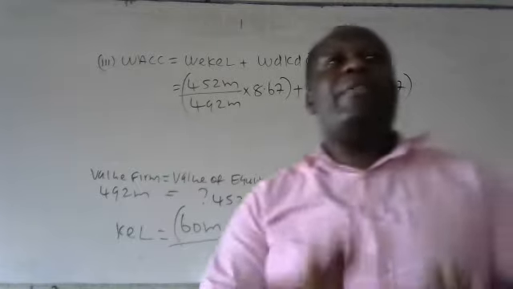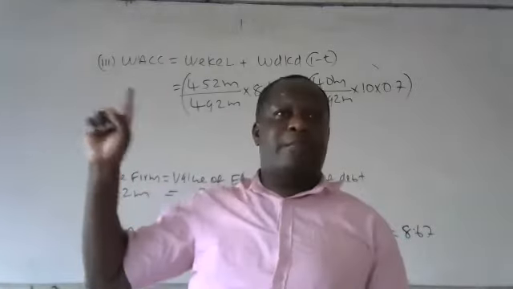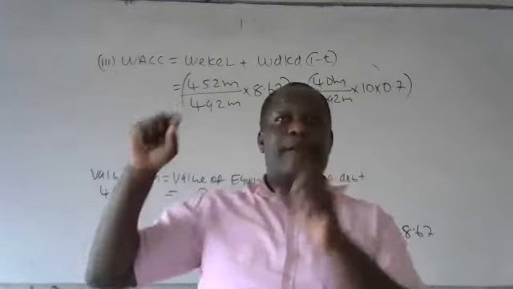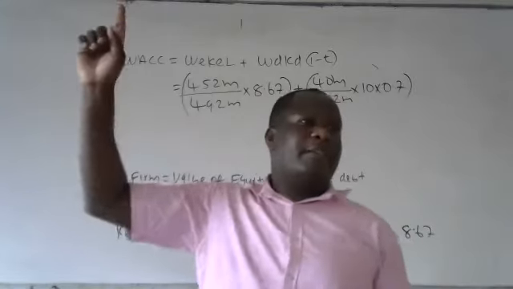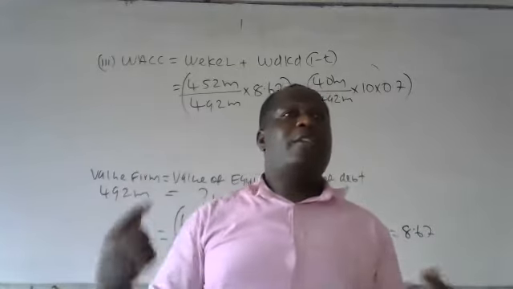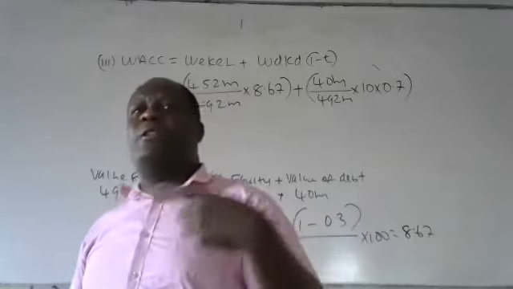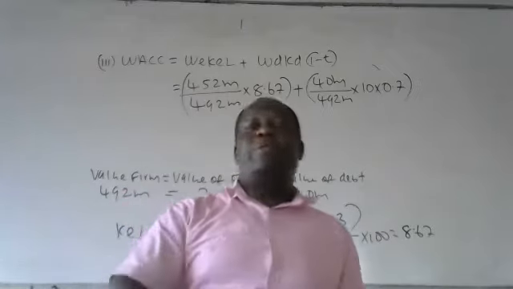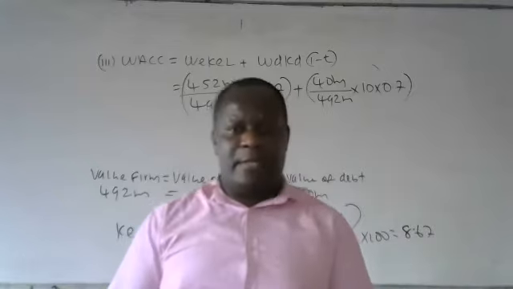So remember, the optimal capital structure is where the value is maximum and WACC is minimum. So you see, when we change, value will increase and WACC has reduced. That's why we should change, because it will lead to a higher value and a reduced WACC. Remember, WACC is the cost. The lower the cost, the less risky the project is.